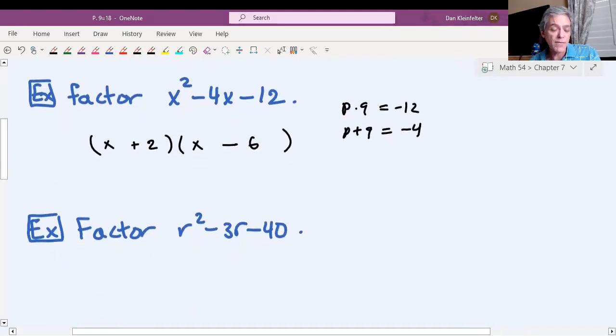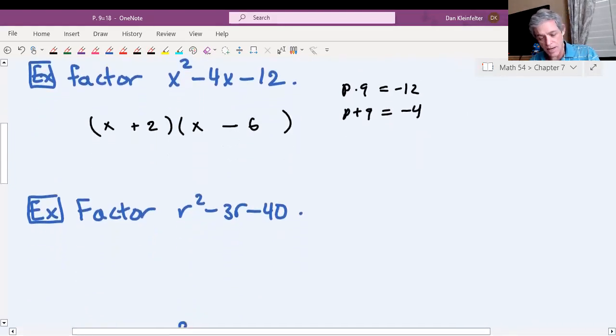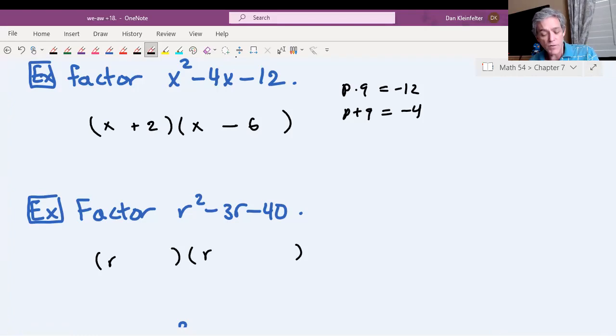Okay, well, let's see. We've got r squared minus 3r minus 40. So this time we have r's. This time we're looking for two numbers that are different in sign, so one plus and one minus. That last sign being negative is what tells me that the two signs are different. One plus, one minus.